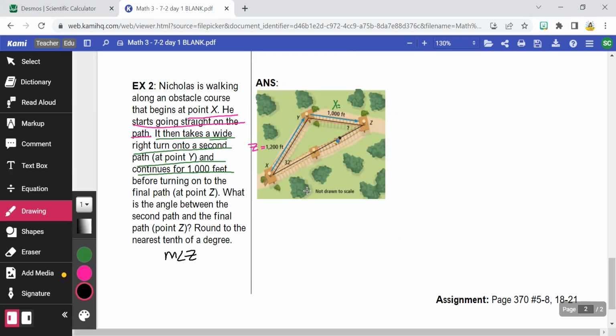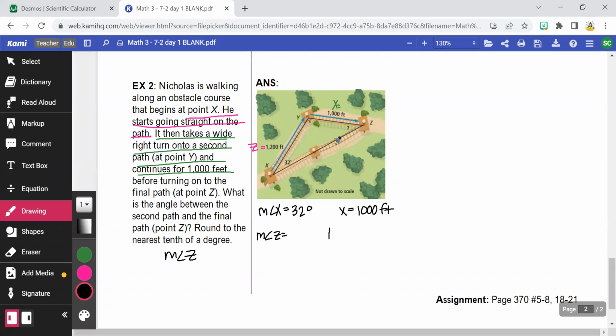That is our answer. If we think about what we know, looking at the diagram, we know angle X and side X. So we know that the measure of angle X is 32 degrees. We also know that side X is 1,000 feet. We don't know the measure of angle Z, right?